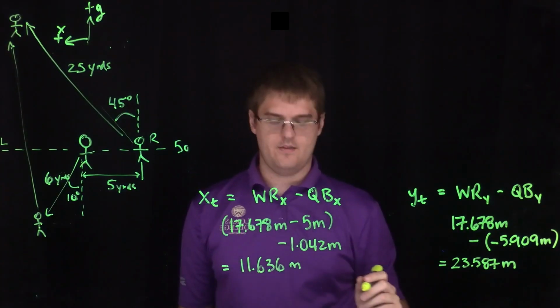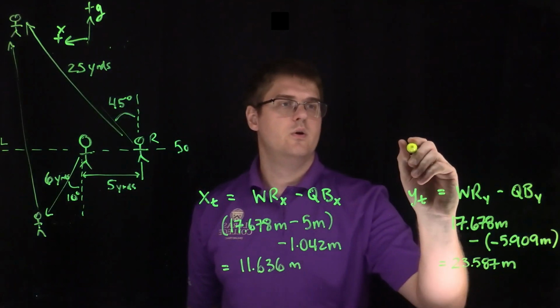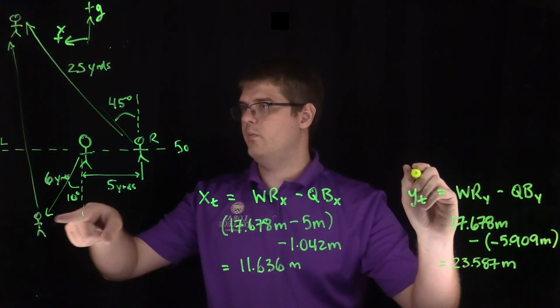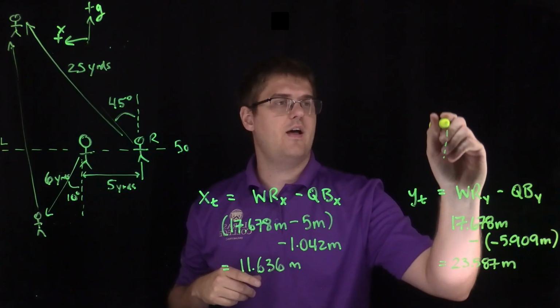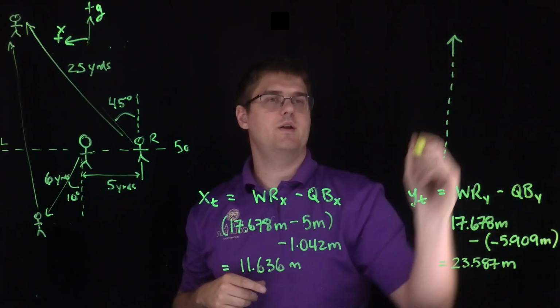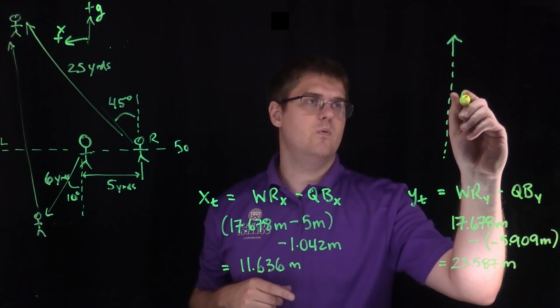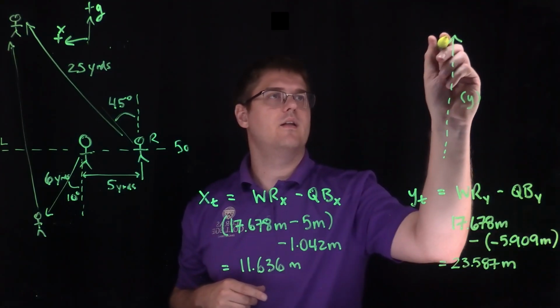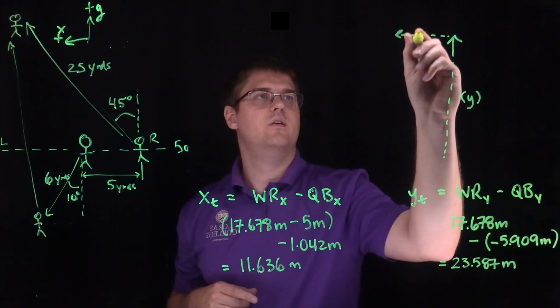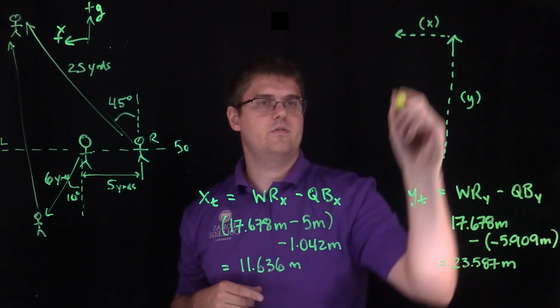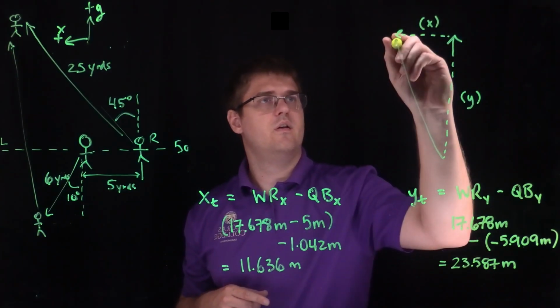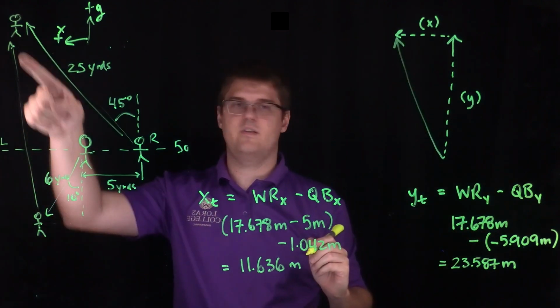Well, how can we get that total distance and position? We can draw it out. So we had this line. I'm going to redraw that line as a combination of two lines. This is the distance in the y, and this is the distance in the x. And here, this is exactly this line.